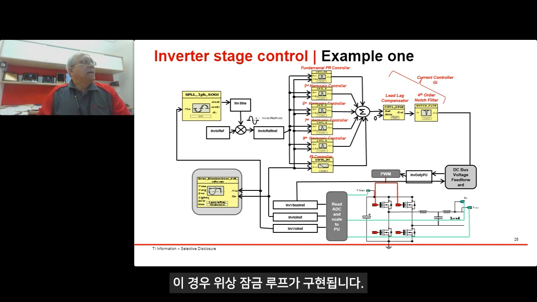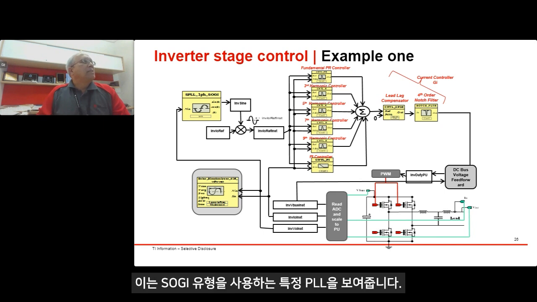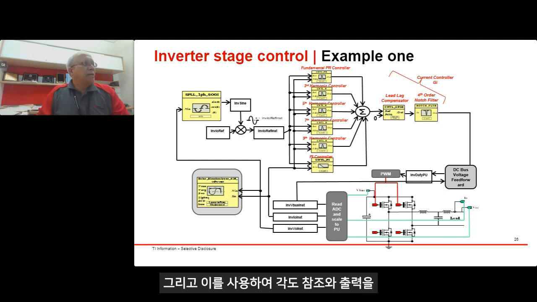In this case, a phase lock loop is implemented, taking the output voltage information, the grid voltage, inverter VO, instantaneous voltage information, that is used to do the PLL function, and it shows a specific PLL using SOGI type, that is second order generalized integration type, and that is used to generate the angle reference.